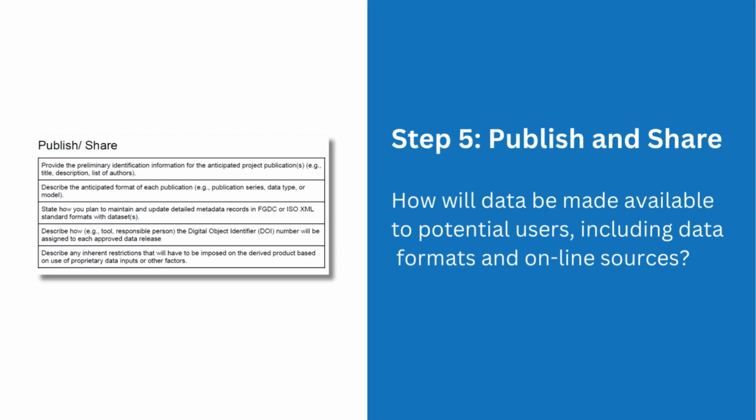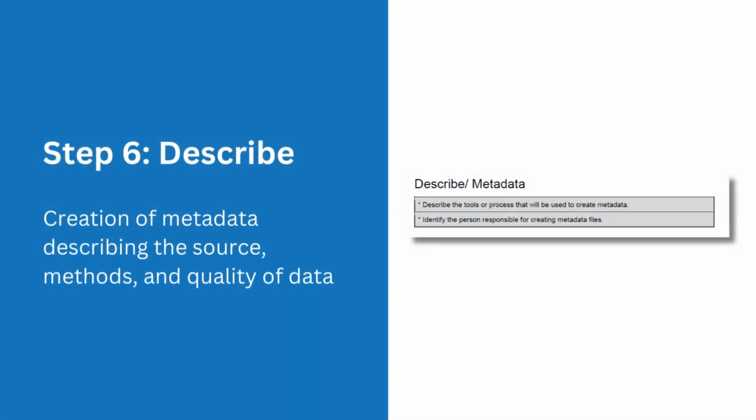The fourth item is describe how, for example, tool, responsible person, the digital object identifier, DOI, number will be assigned to each approved data release, and the fifth item is describe any inherent restrictions that will have to be imposed on the derived product based on use of proprietary data inputs or other factors.